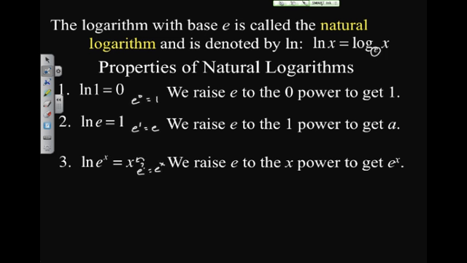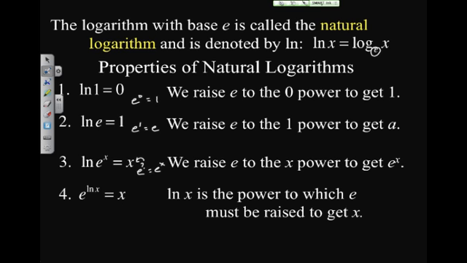And the answer is x. Anytime those bases are the same, they just cancel out. And e to the natural log of x equals x, same reason as property 4 on the other logarithms. The other logarithms covered any base. They're just pointing out specifically that it still works with the base of e.